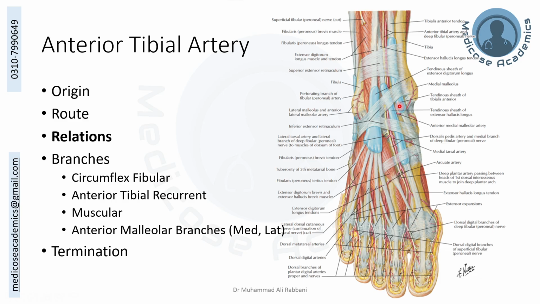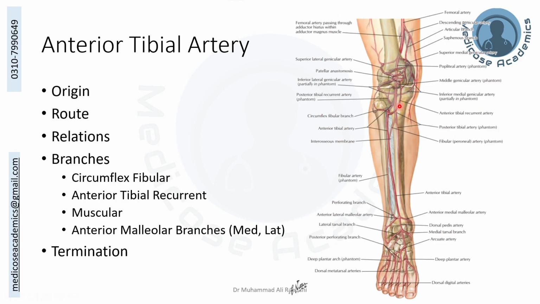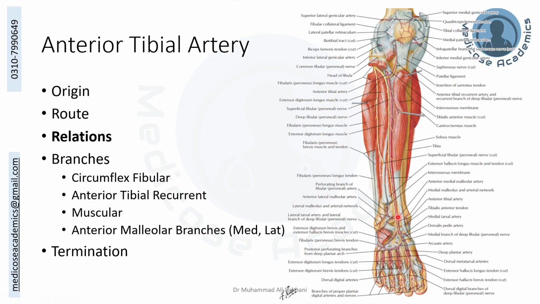So this is all about the anterior tibial artery, starting from the bifurcation of the popliteal, ending midway between the malleoli as the dorsalis pedis, giving rise to the circumflex fibular, anterior tibial recurrent, muscular and malleolar branches, and getting a feeder from the perforating branch of the peroneal artery.